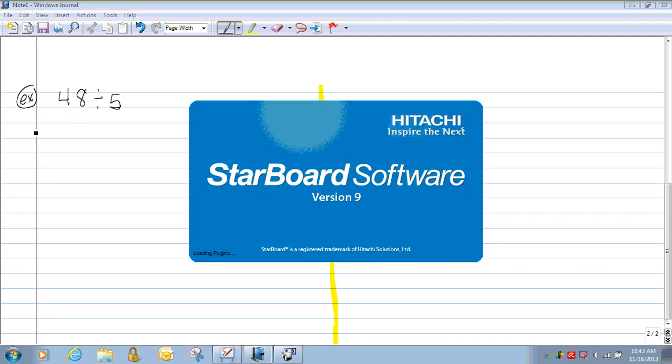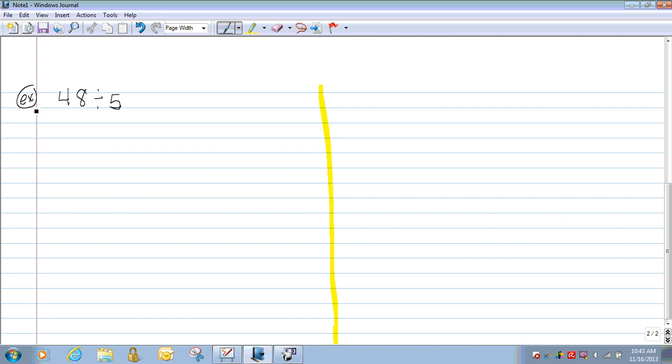Let's think, what number close to 48 is easily divided by 5?